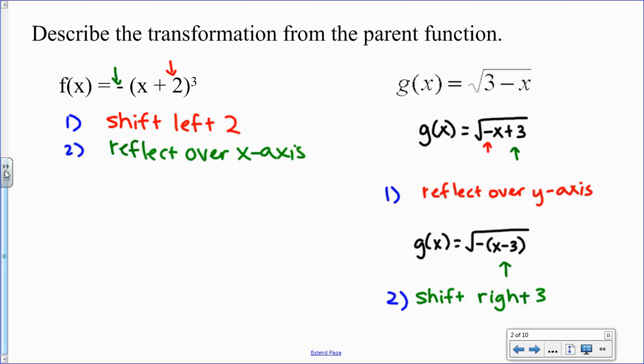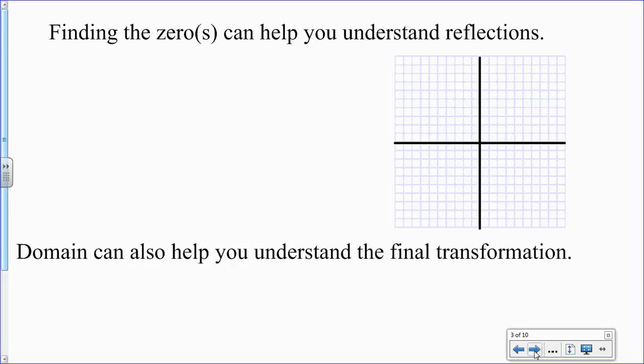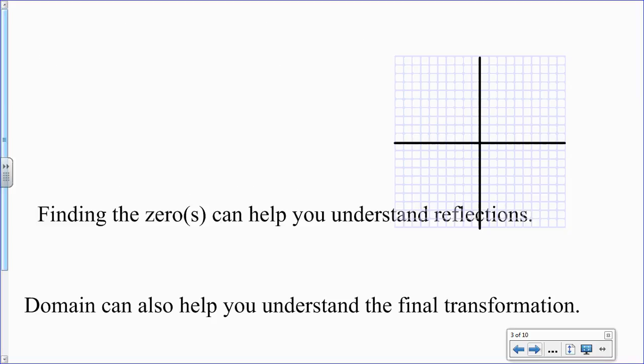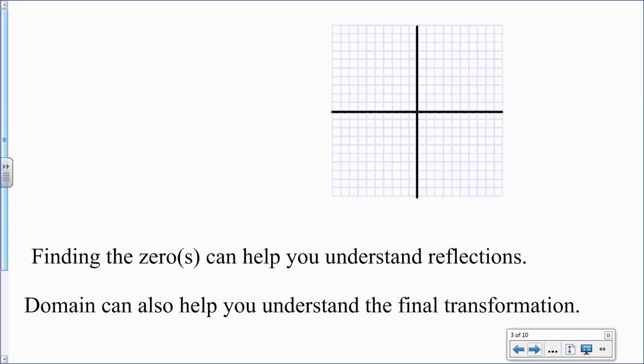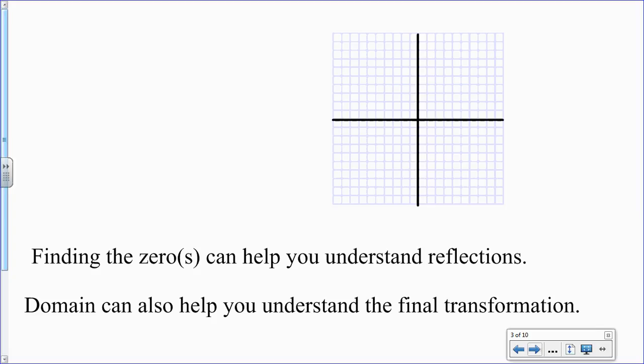Okay, so I know that part's a little confusing, but let's graph it, and I will show you why that's the case. Okay, so we'll talk about the 0 in just a minute. Let's just graph it. So it was g of x equals 3 minus x. But let me rearrange that.